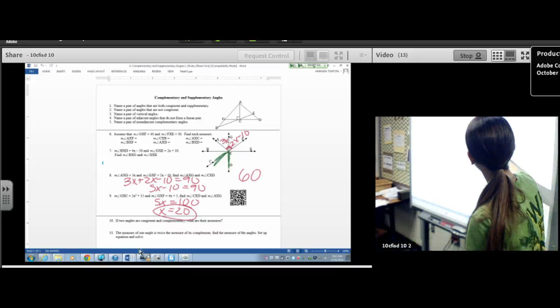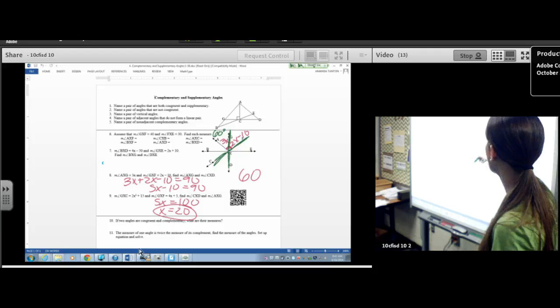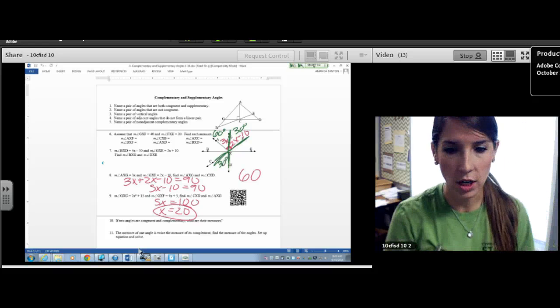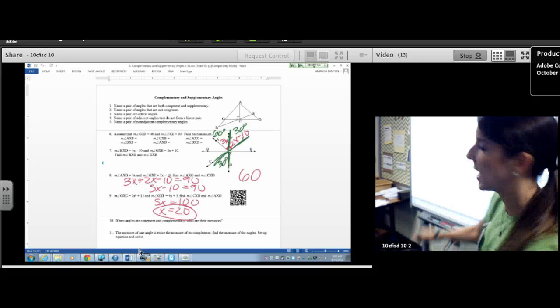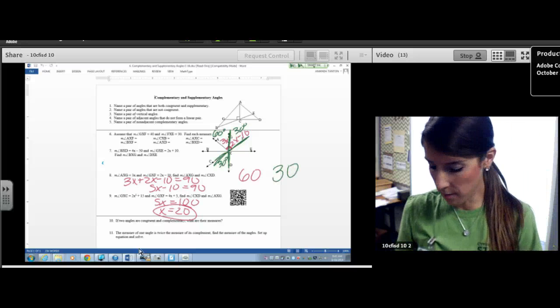For example, the angle that's vertical to CXD. If this one's 60, then this one's 90 minus 60. This one has to be 30. And those are vertical angles, therefore it's 30. So vertical angles are helping us out a lot today. Okay, so that's where those came from.